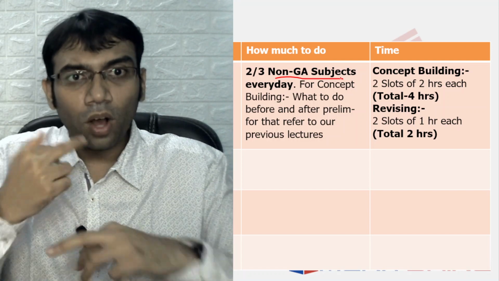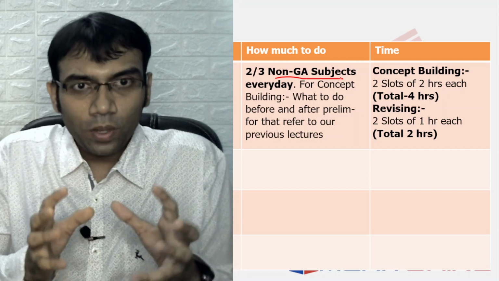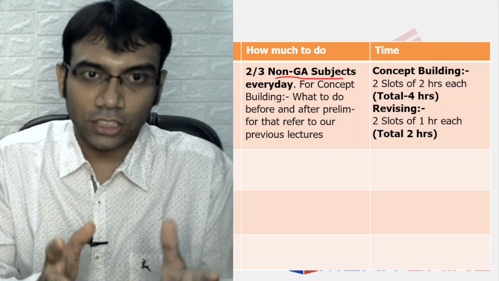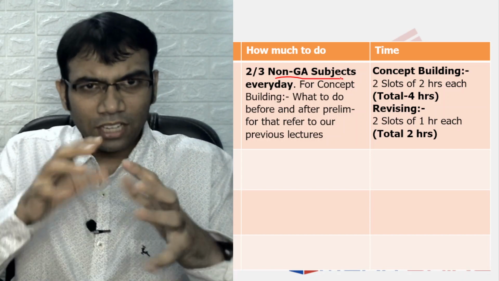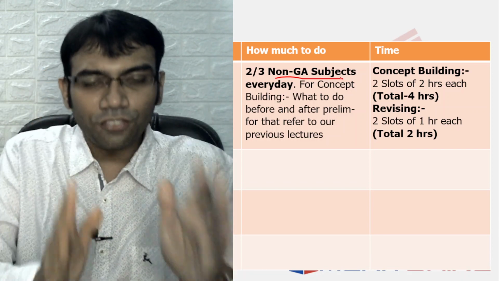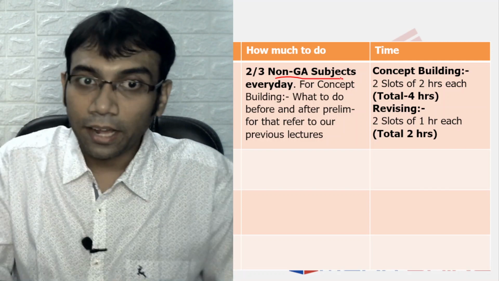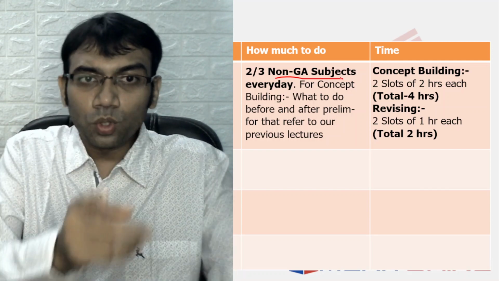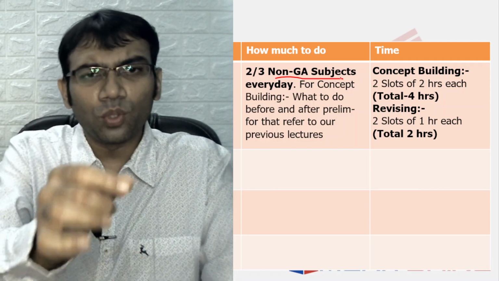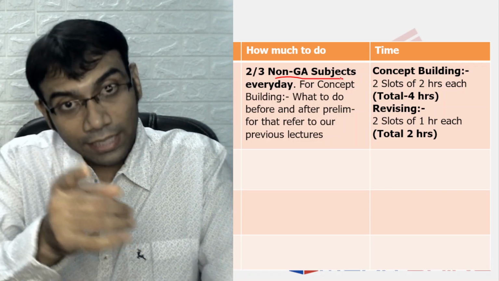And then every 2 hours you're changing topic, you get refreshed. Okay, you get refreshed and you are able to sit for 10, 11, 12 hours a day. But if I tell you to sit for the same thing for 7, 8 hours, you will get frustrated within 3 days. And that happens.